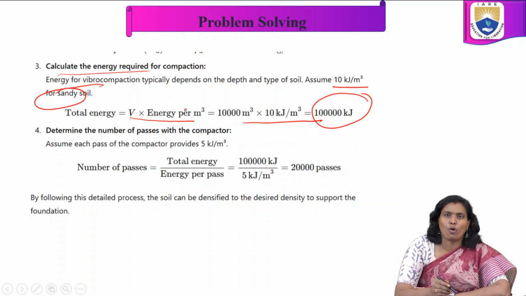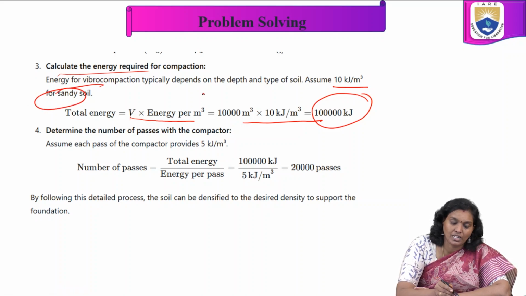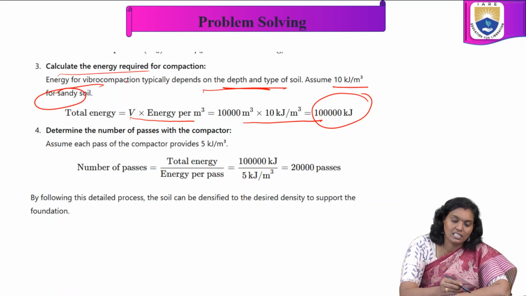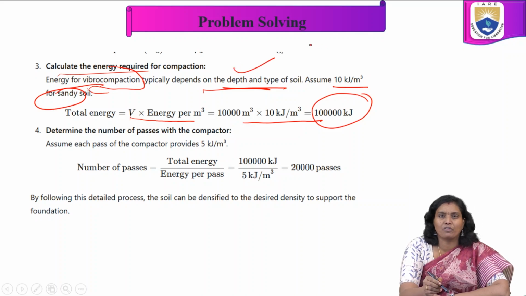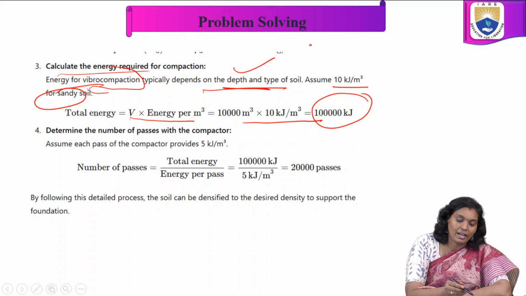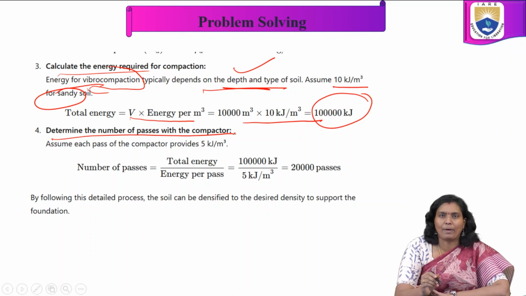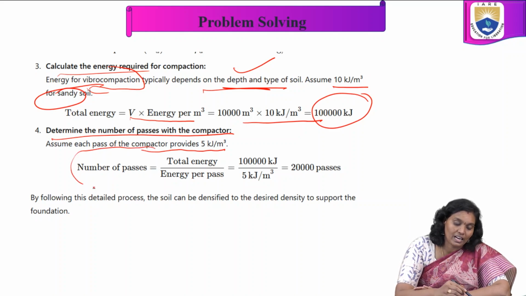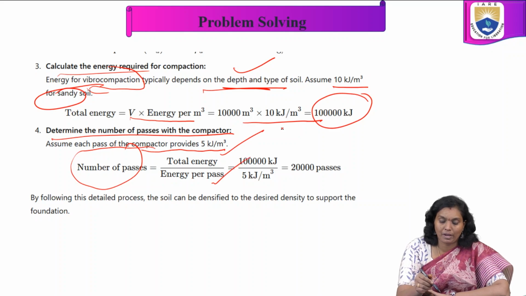Vibro compaction energy depends upon the depth and type of the soil. Determine the number of passes for compaction. Assume each pass of the compactor provides 5 kilojoules per cubic meter. The number of passes equals total energy divided by energy per pass.